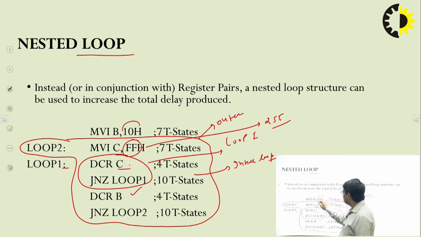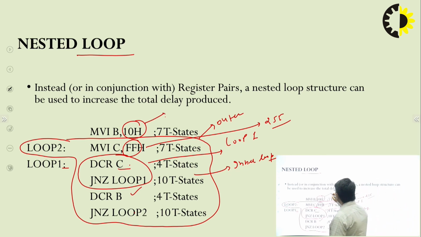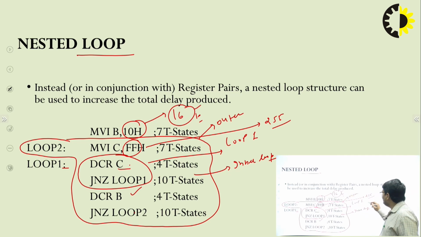The B register has value 10H, that is 16 in decimal. So the outer loop is repeated 16 times and the inner loop is repeated 255 times.